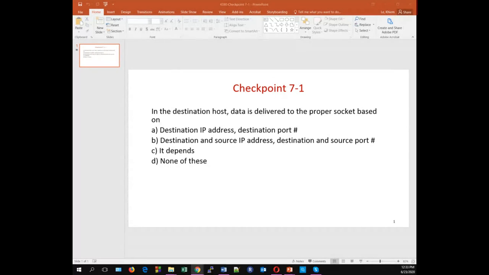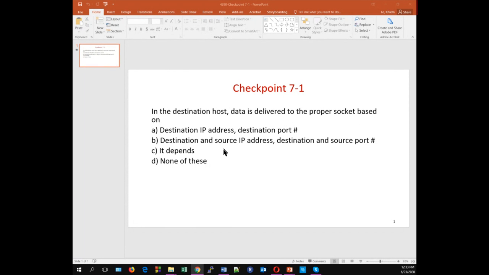Okay, be brave. Yes, so that is correct. The correct answer is C, because it depends on whether the socket is a TCP socket or UDP socket.